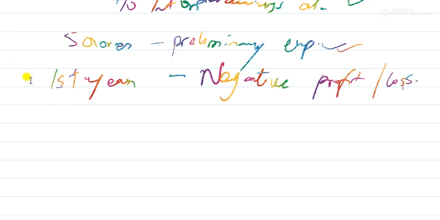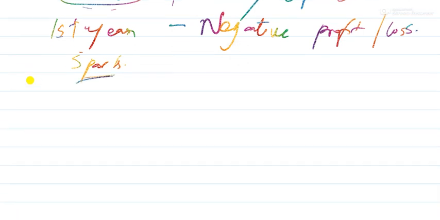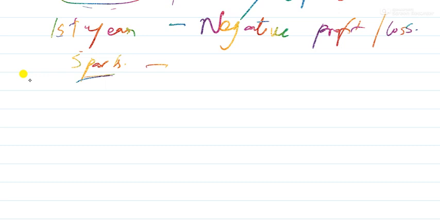So what do they do? They divide this amount into five parts. And what do they do? They charge each part in 1 year.